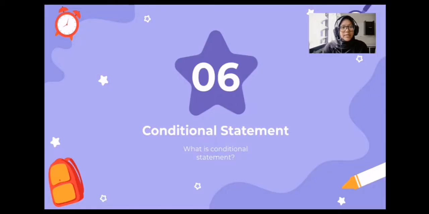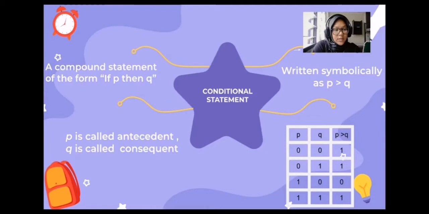So I will present about conditional statement and biconditional statement. So what is a conditional statement? A conditional statement is a compound statement of the form "if P then Q", which is written symbolically as P → Q, where P is called the antecedent or hypothesis and Q is called the consequent or conclusion.